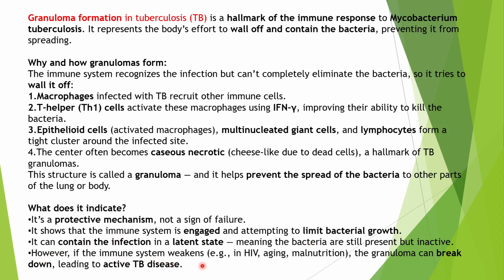However, when the immune system weakens, in case of other infections like HIV, or due to age or malnutrition, the granuloma can break down, and it can lead to release of the bacteria and lead to active TB disease.